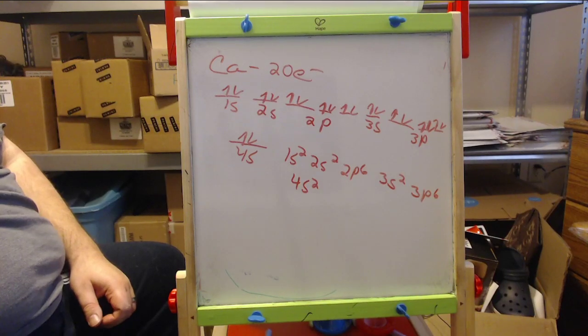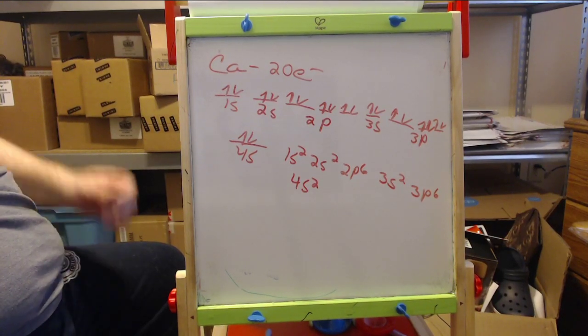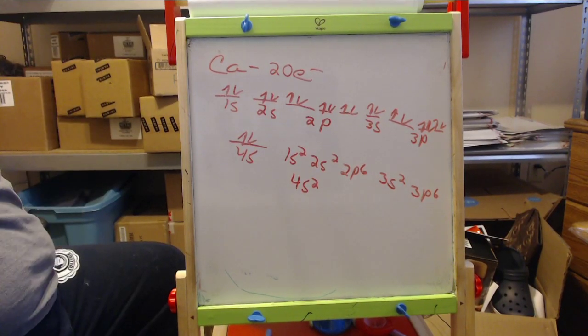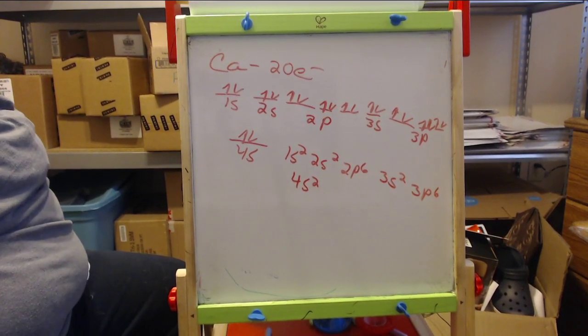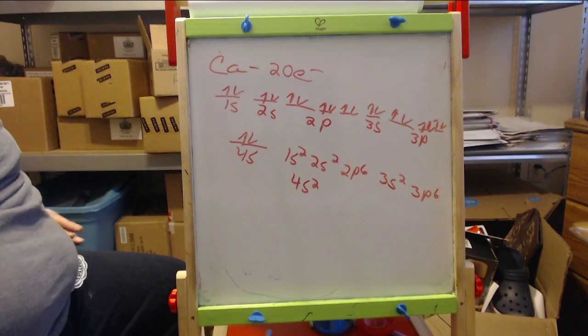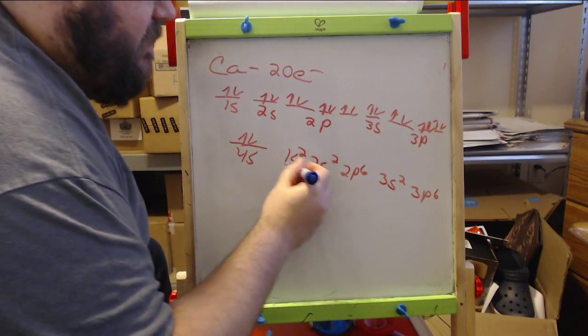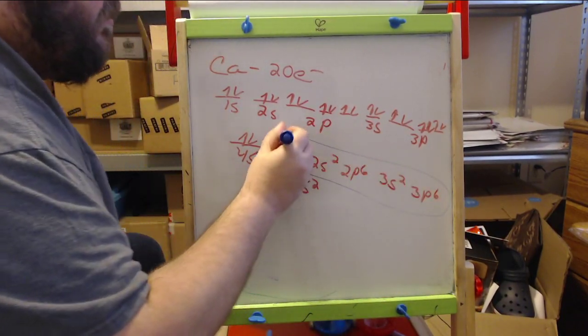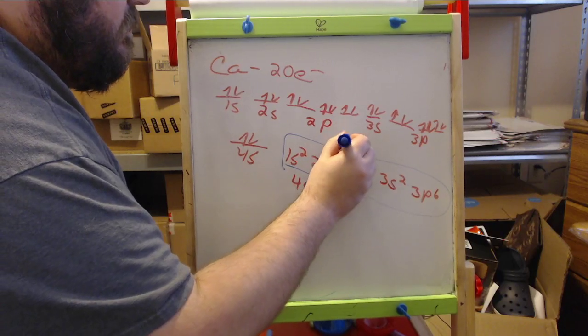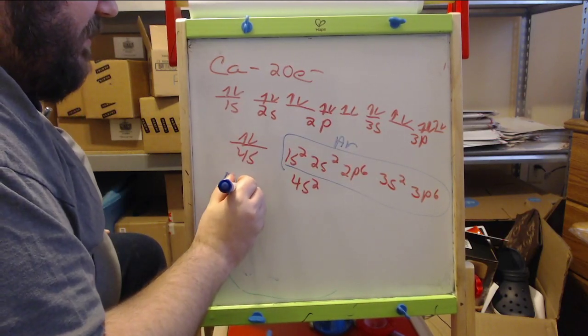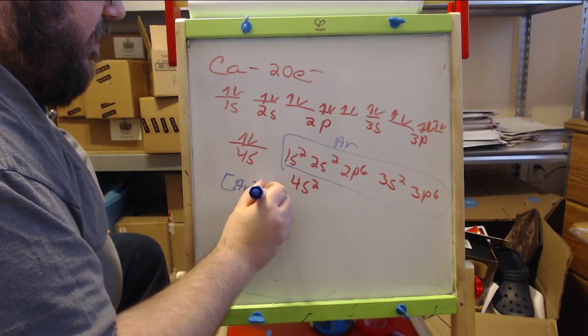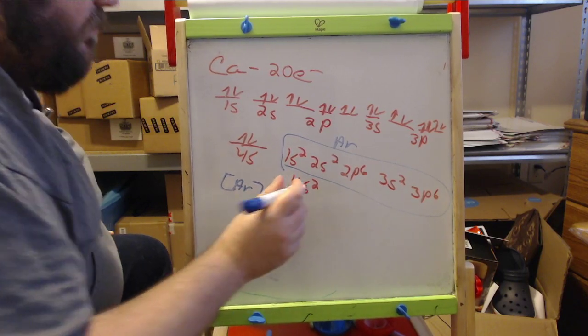Now I want to write it the noble gas way. Find my noble gas configuration. If I look at the periodic table, argon comes before calcium. Argon has 18 electrons. Here is argon right here. So I could write this as argon 4s2.